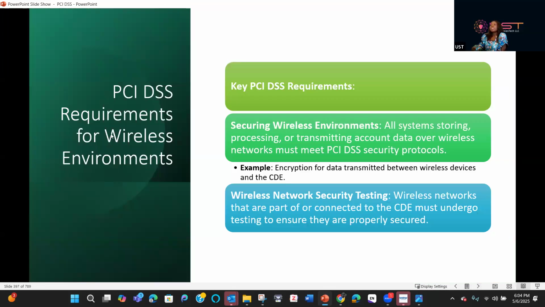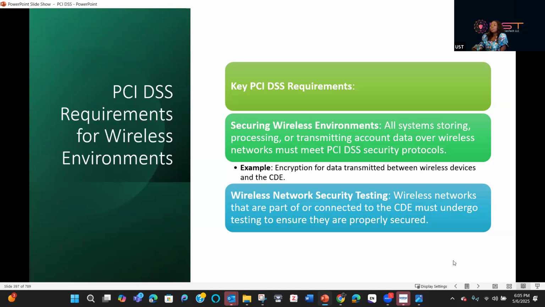Then we have the PCI requirement for wireless environments. First, secure the wireless environment. All systems storing, processing, or transmitting account data over wireless networks must meet PCI DSS security protocols, for example, encryption for data transmitted between wireless devices. Then wireless network security testing: wireless networks that are part of or connected to the CDE must undergo testing to ensure they are properly secured.